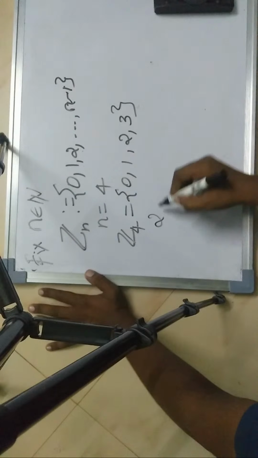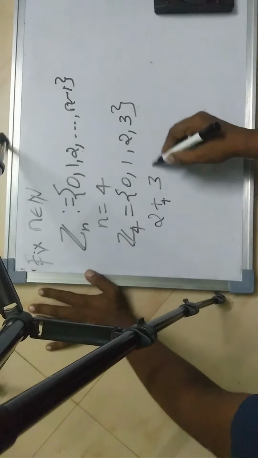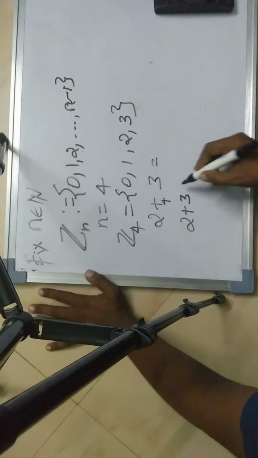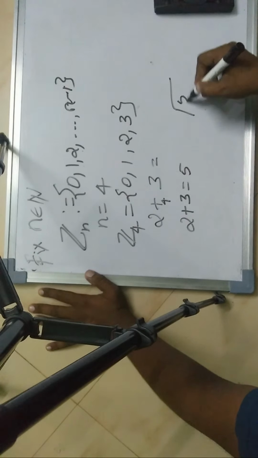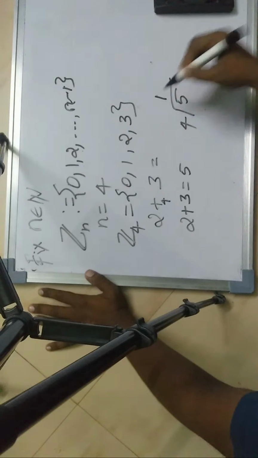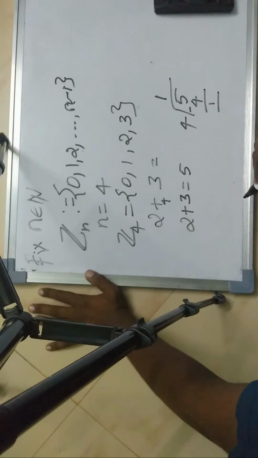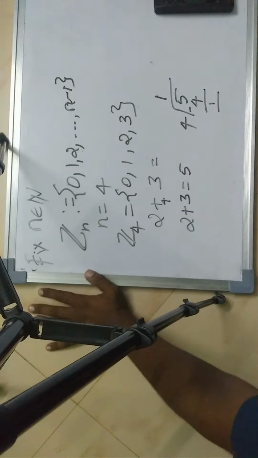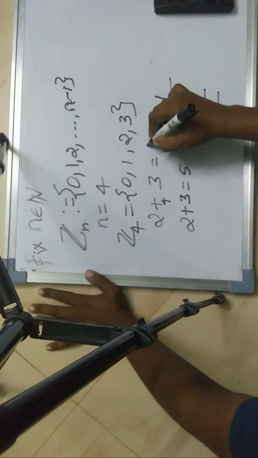If we take 2 plus 4 3, we will compute it. 2 plus 3 is 5. Now we divide 5 by 4, the quotient is 1, the remainder is 1. We call this addition modulo 4. So 2 addition modulo 4 3 is nothing but 1.